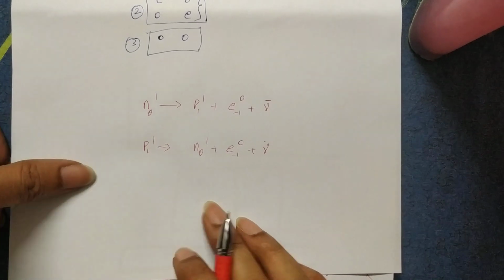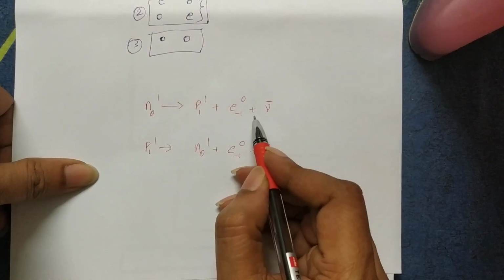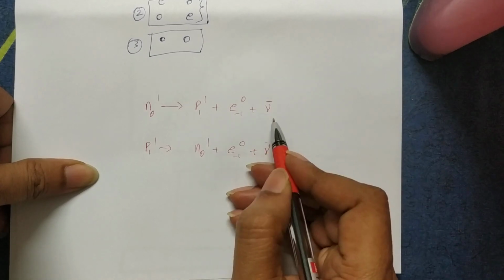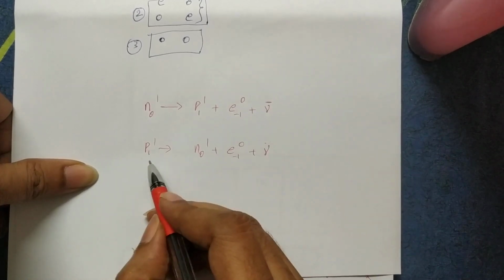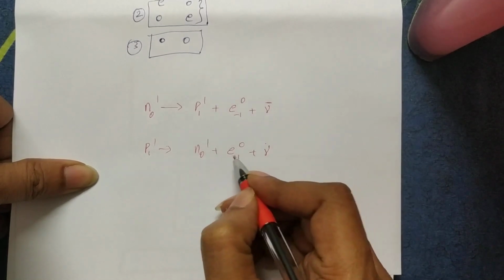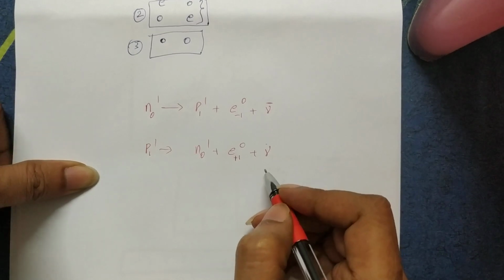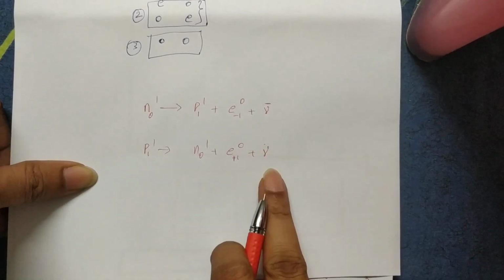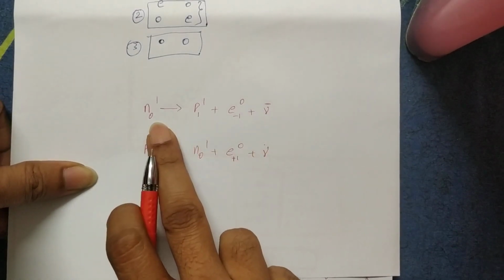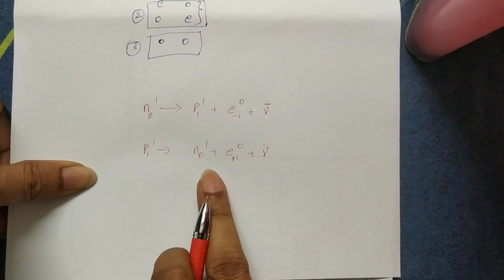A neutron converts into a proton, and here we get an electron outside along with an anti-neutrino. And when a proton converts into a neutron, you get a positron, e+ (charge +1, mass 0), and you get a neutrino. What does this neutrino mean here? Suppose in this nuclear reaction the neutron converts into a proton or a proton converts into a neutron.